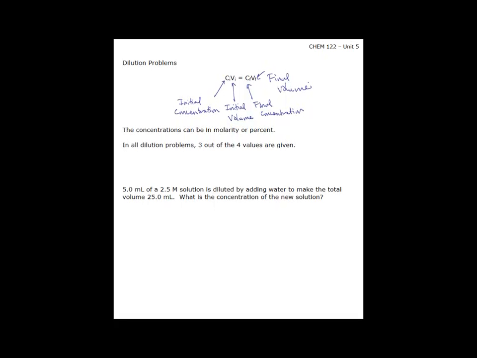So when working with this, the concentrations that you can see are molarity or percent concentrations. The initial concentration, CI, and the final concentration have the same units.